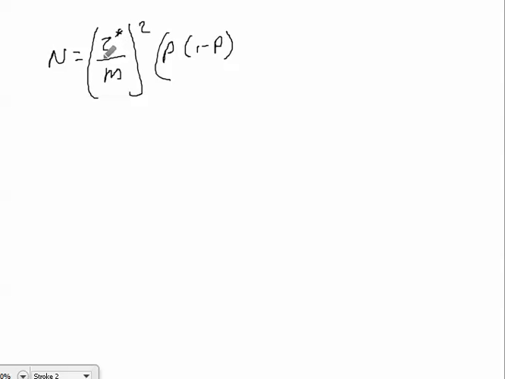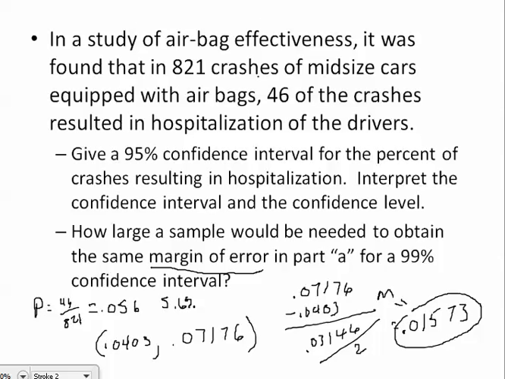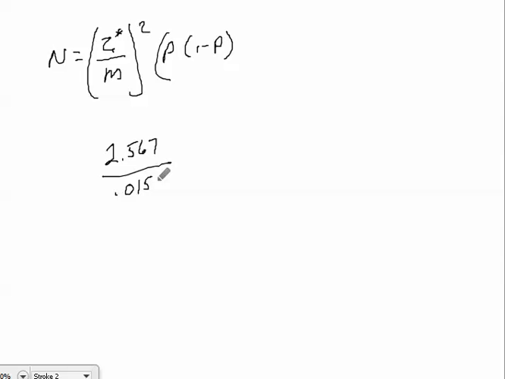Since we're looking for a 99% confidence level, it's going to be 2.567, if I remember correctly. We're dividing that by 0.01573, and we're going to square that number.